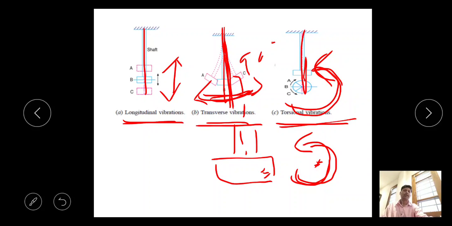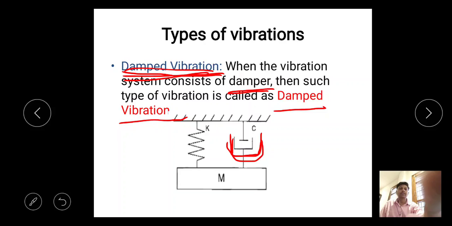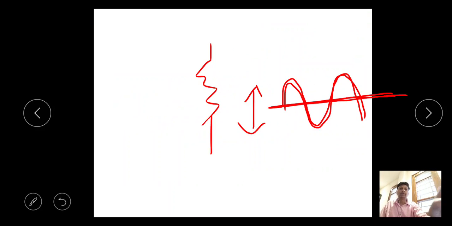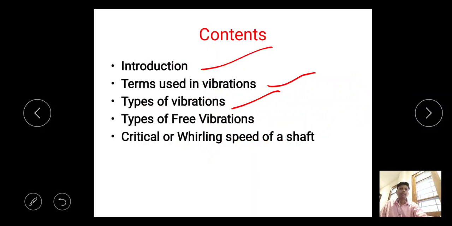So we have briefly discussed what vibration is, then the terms used in vibration: cycle, time period, frequency and amplitude. Then the types of vibration: free vibration, forced vibration, and damped vibration.